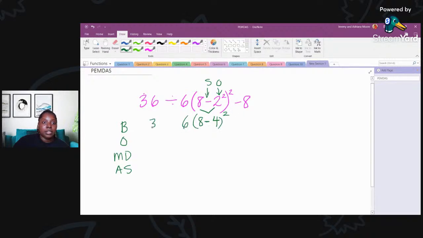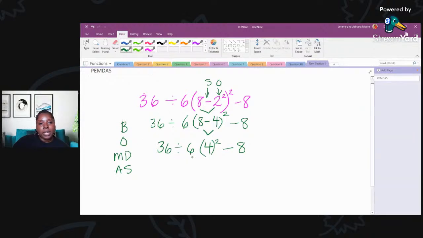All right, so finish up the parentheses. We have 4 squared. 8 minus 4 is 4. Keep bringing everything down. Don't leave off any numbers. Now we have division.